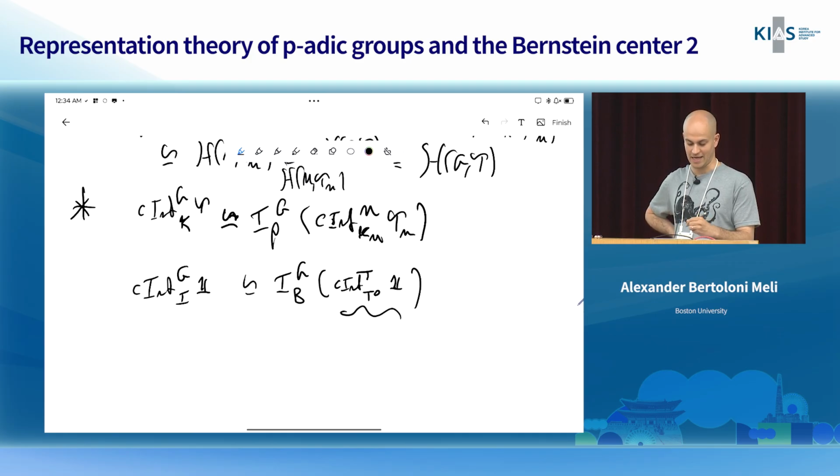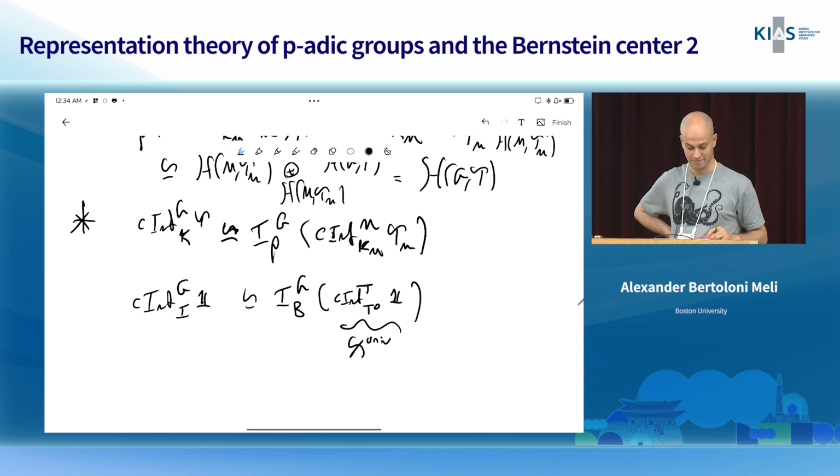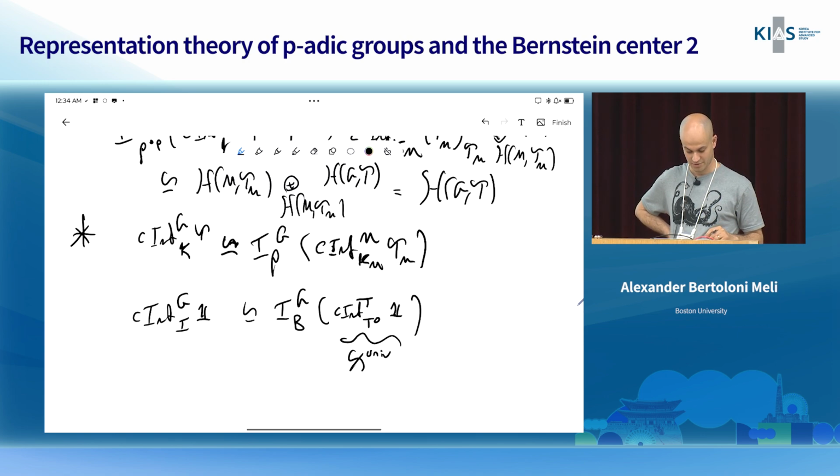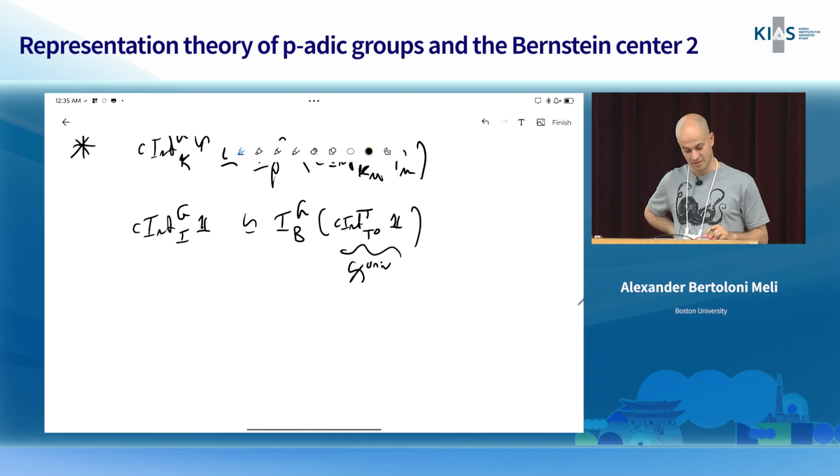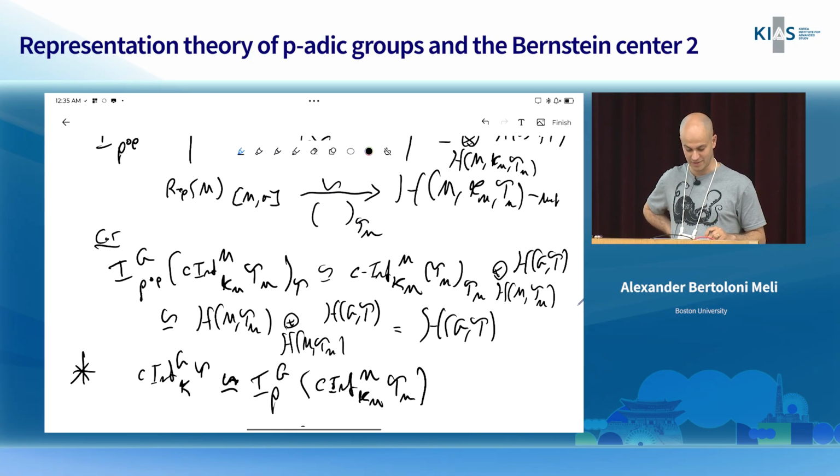But this is exactly chi-univ, this universal unramified character. So this kind of computation shows us this isomorphism in this case. So why would we care about this?